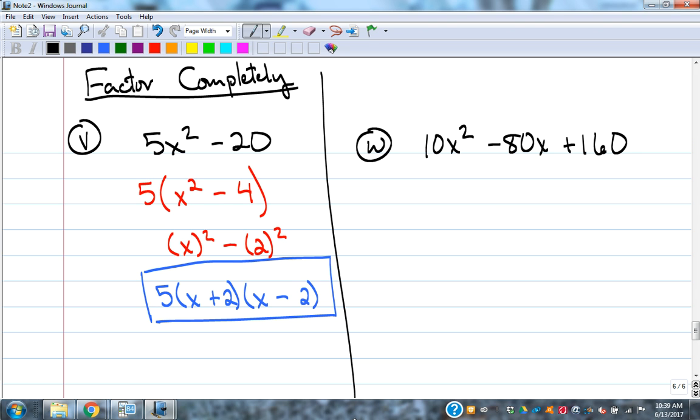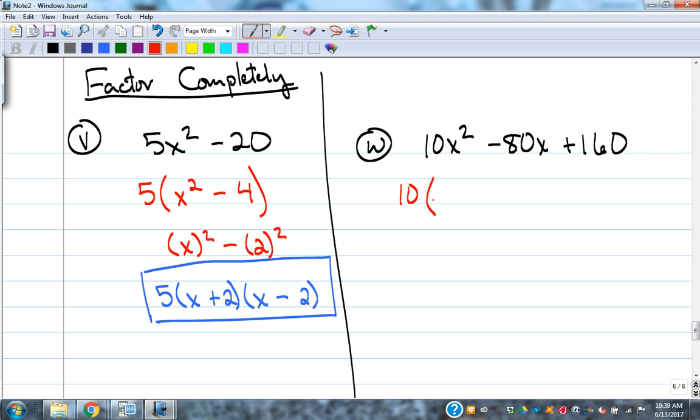So it's in descending order. We're okay there. GCF would be the next thing. Is there anything that goes into 10, x squared, negative 80x, and positive 160? 10 goes into all of them. They all end with a 0, so I know 10 goes into all of them. So 10 would be our GCF.